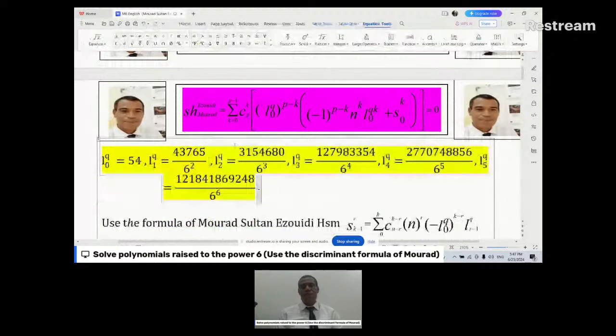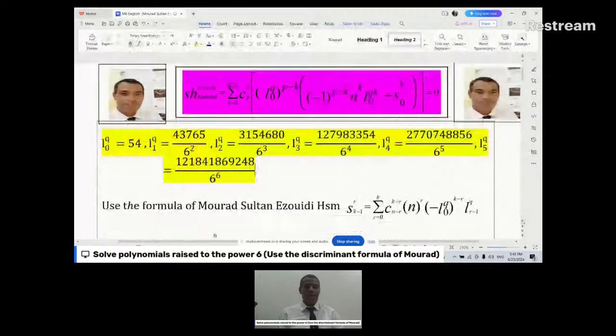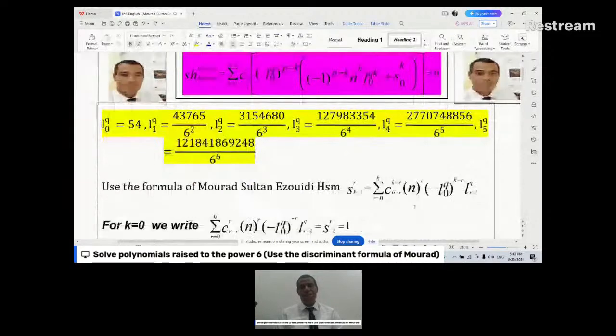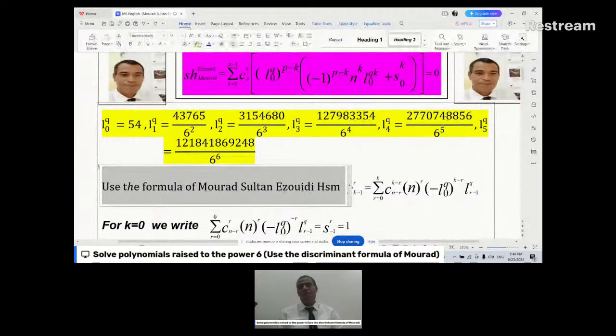Of course, every one of you has to put your calculator on your desk, and we are going to start working. So this is the discriminant formula of Mourad Sultan Ezouidi. Whatsoever your polynomial, you should apply this formula.